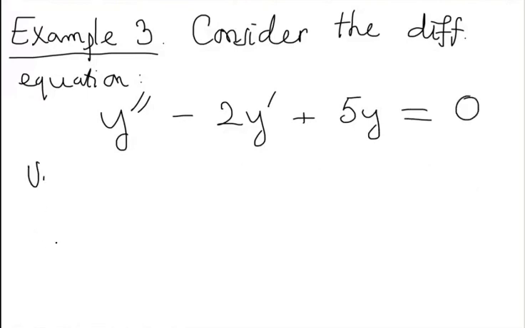As before, we know that this is a differential equation because it's an equation having derivatives. Actually, we have two derivatives, y prime and y double prime. So the unknown is y.